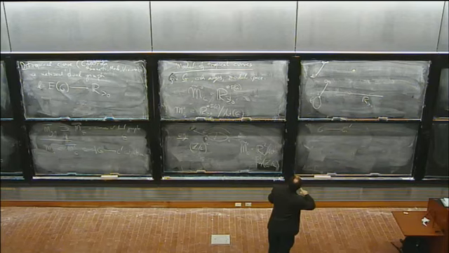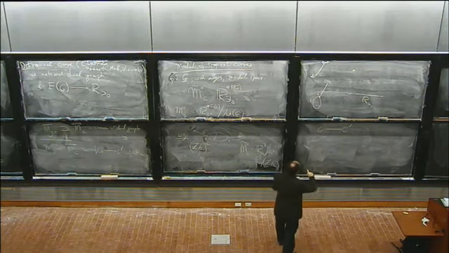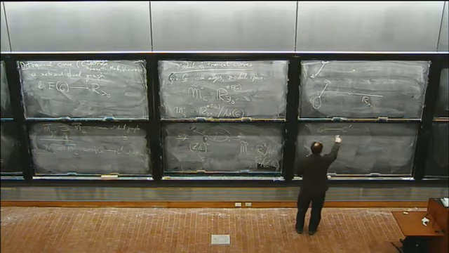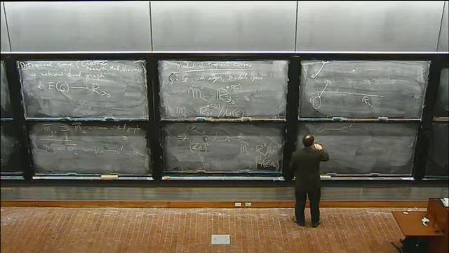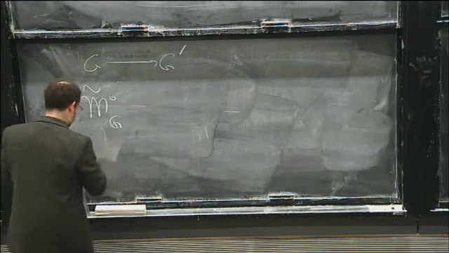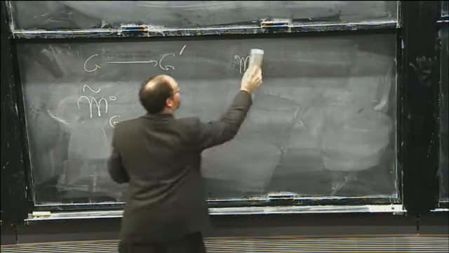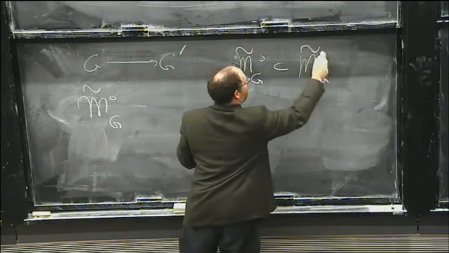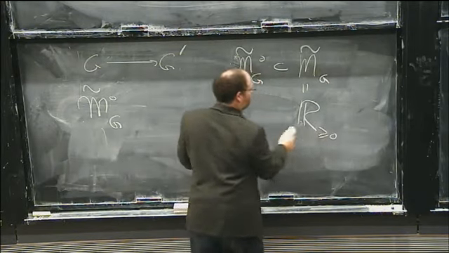Whenever you contract something in a graph and you order things in a compatible way, what you want to do is replace M_G naught tilde in M_G tilde, which is just R greater than or equal to 0 to the power of the number of edges.